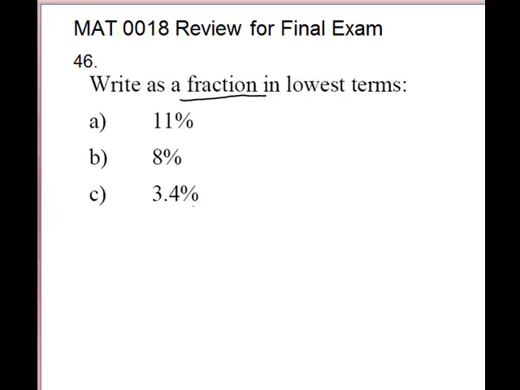For the third one, we will also use the definition. It will be 3.4 parts out of 100. That gets it out of percent. But you're not allowed to leave a decimal inside a fraction. So we would like the decimal to move to the end. If we multiplied by a 10, that would move our decimal over 1 space for 1 zero.